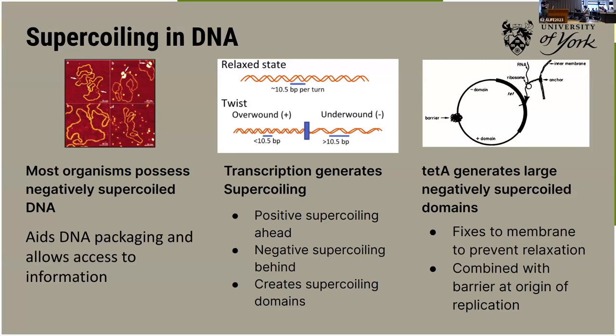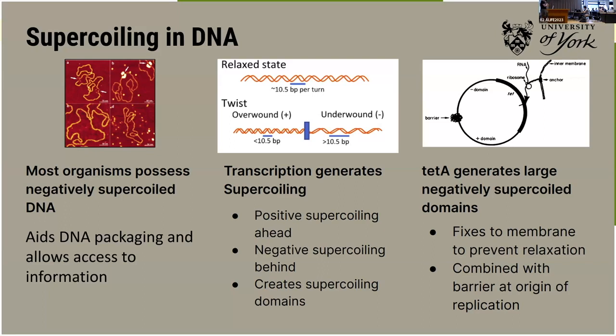There is a lot of evidence that this particular gene, TET-A, will generate large amounts of negative supercoiling in a plasmid DNA. So in a loop of DNA, the TET-A gene will, and go easy on me here, I'm not the biologist, I'm trusting that they're telling me the truth on this. The TET-A gene connects to a membrane as it's transcribing, and that holds that whole structure in place.